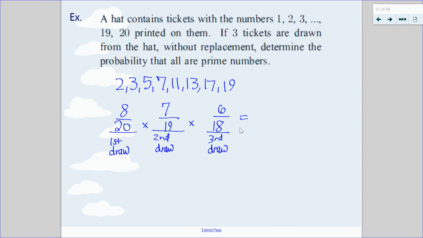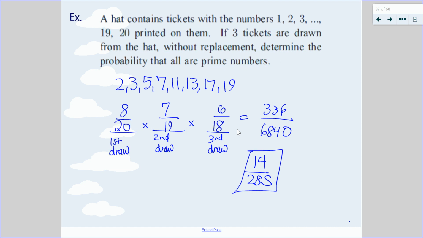So in the end, you're going to have 336 over 6,840. And I use my calculator to reduce that, 14 out of 285.